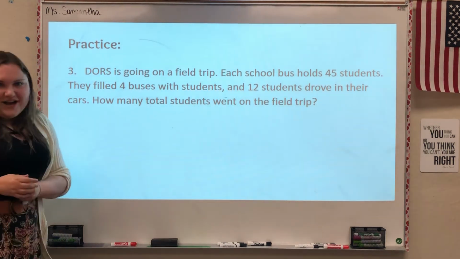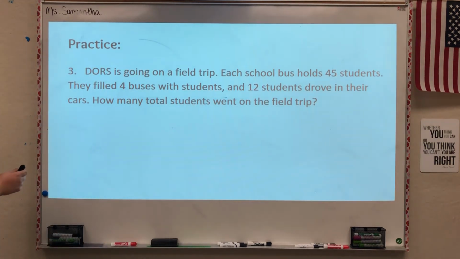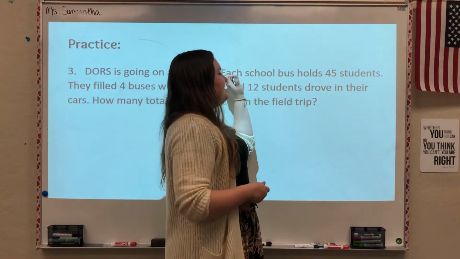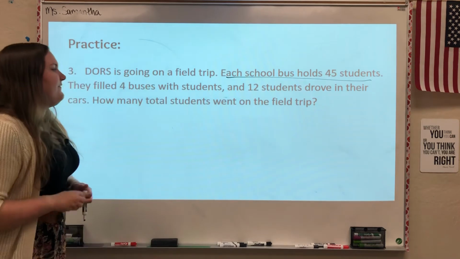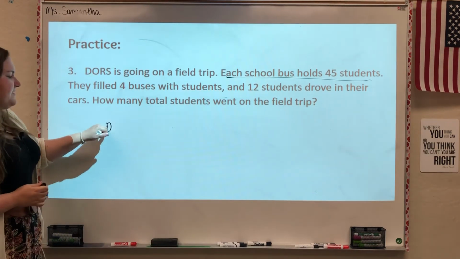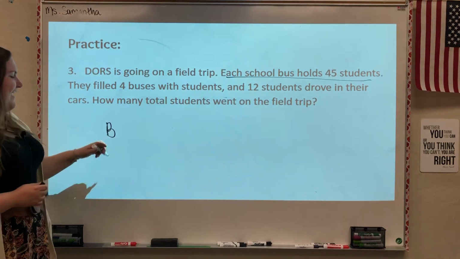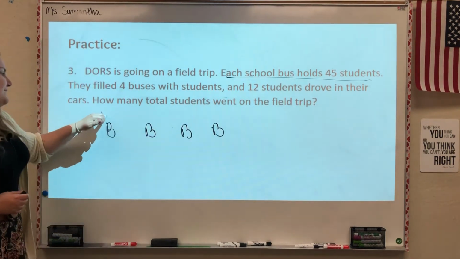Now this one I want to talk about just because I think it leads nicely into this last part we have. So we've got each school bus holds 45 students. So every single bus that goes, 45 people can fit in it. It tells us they fill 4 buses. So I'm gonna stop drawing pictures. I've got 4 buses that go, and each bus has 45 people on it.